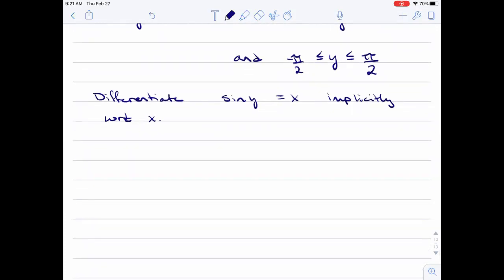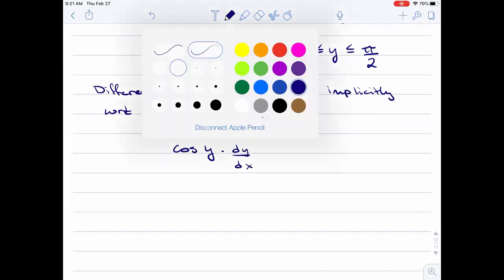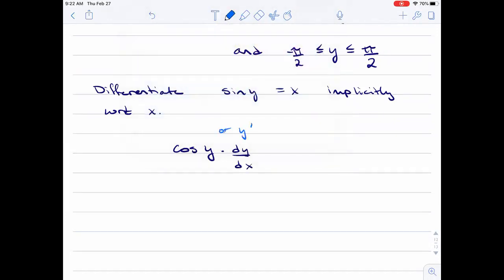Now the wraparound function is sine, and the derivative of sine is cosine, and so we get cos y times the derivative of y, which you could use y prime if you wanted to, times dy dx, or y prime, whichever you prefer at this point. And the derivative of x with respect to x is just 1.